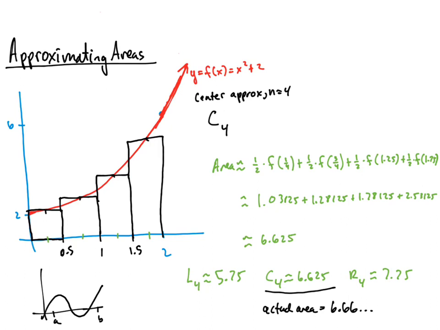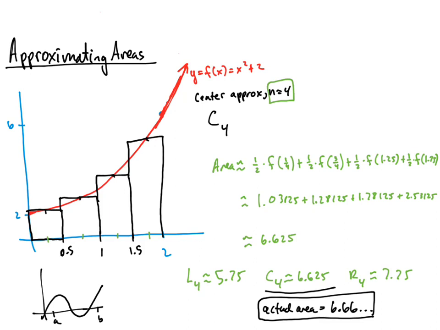Okay, so let's look at what we were doing here and what we could have done, or I guess the question is, how could we get a better approximation? How could we get these approximations to be closer to this actual area of 6.66 repeating? So one way to do this is to increase the number of subintervals. So right here, we were doing n equals 4 subintervals.